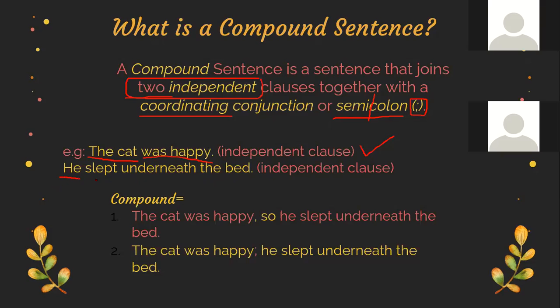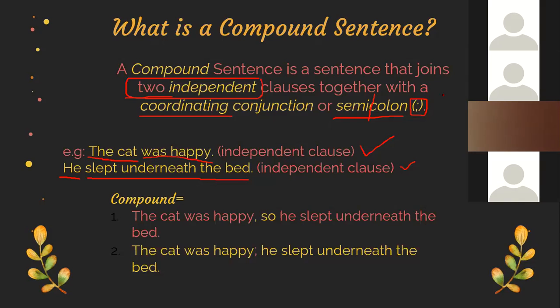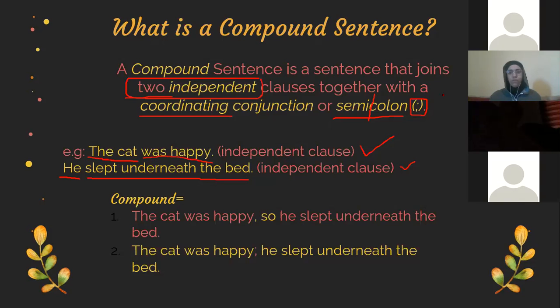Other than the subject, the predicate is slept underneath the bed. And it gives a complete idea, right? So it is an independent clause. So you see now, I have two separate independent clauses. Let's make a compound sentence. Thank you, Majid. Excellent student. I'm very proud of you.